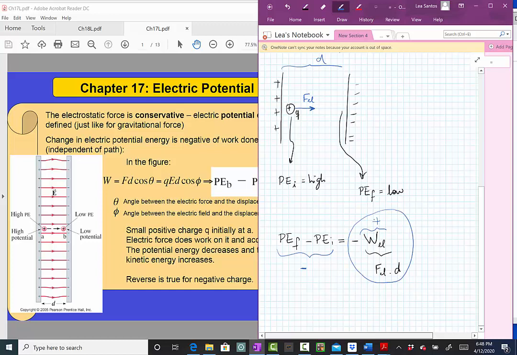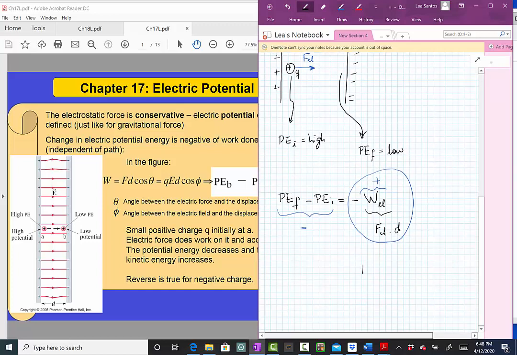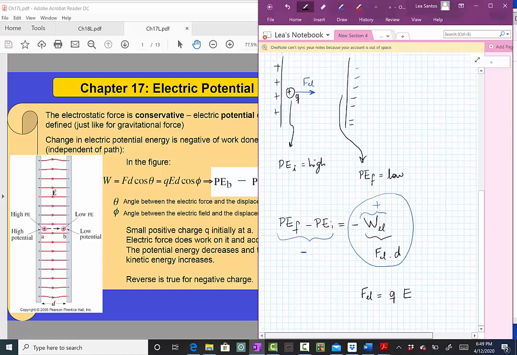Okay, we could also write this equation in terms of electric field. Remember what we saw in chapter 16, that the electric force is equal to Q multiplied by the electric field. All right? So this Q is the little q that we are putting here between the plates.